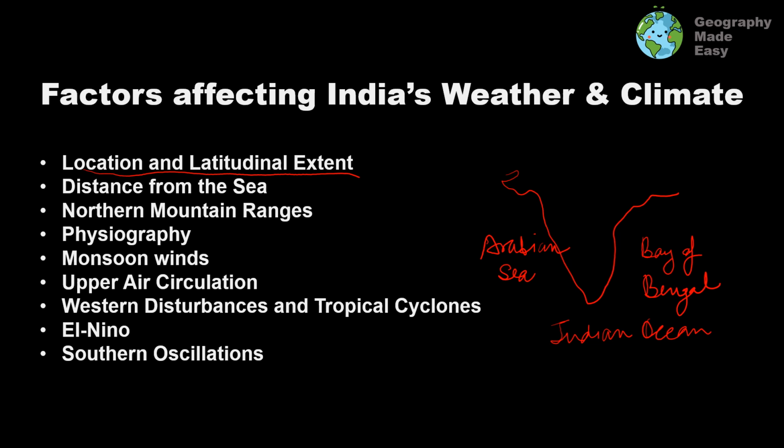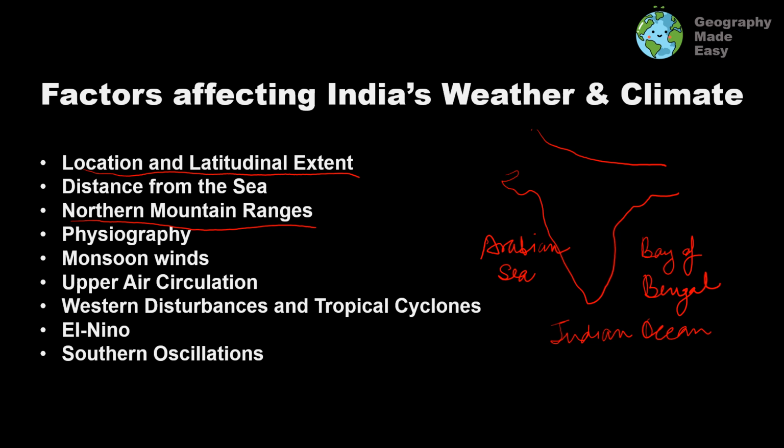The third point is the northern mountain ranges or the Himalayas. The Himalayas and some of the adjoining mountain ranges occurring in the northern part of the country, to the northeast and northwest, from Arunachal Pradesh to Kashmir, regulate the climate a lot.